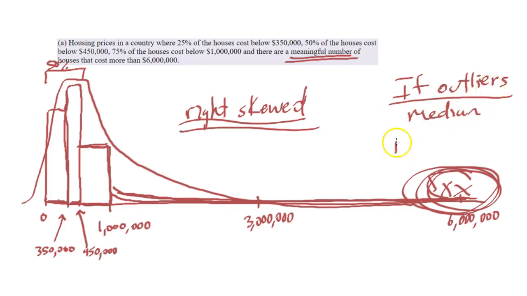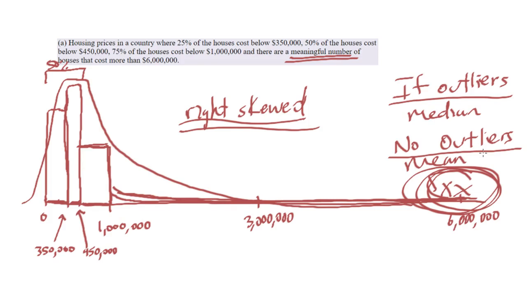If there are no outliers, it won't directly say this in the problem. As you can see, it doesn't say that here. But you can tell that there are outliers in this data, because it says there are houses in the 6 million and beyond range, which are going to be huge outliers compared to the bulk of the data, which is below 1 million. Keep that in mind. If there are no outliers, you use the mean.